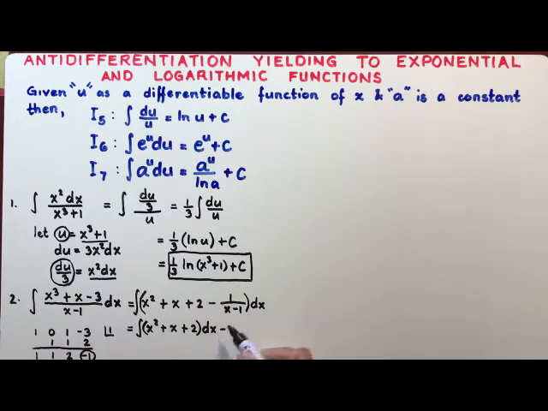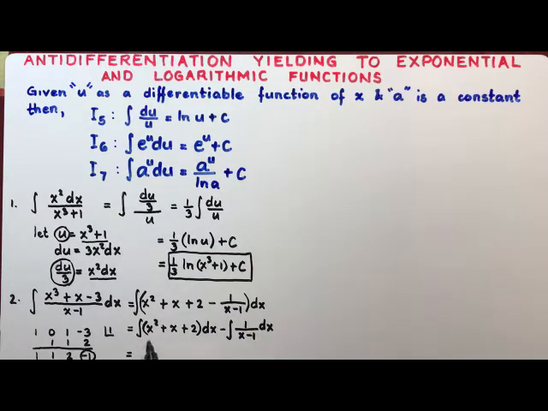So this is minus the integral of 1 over x minus 1 dx here. So I just separated this polynomial from this rational.